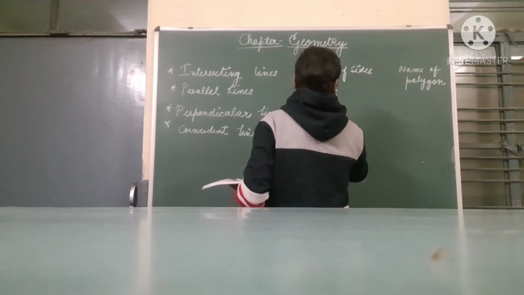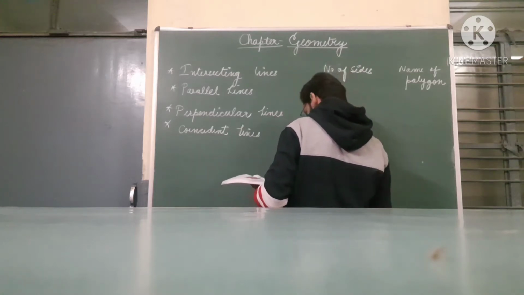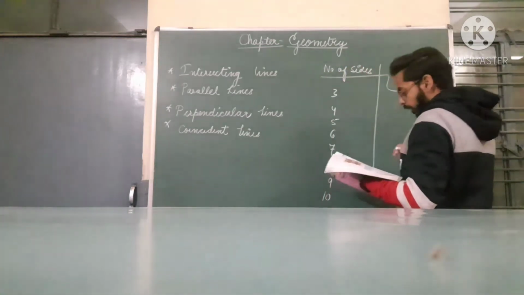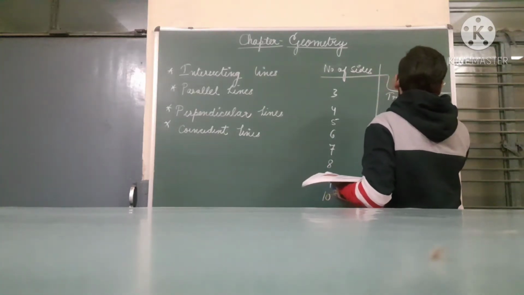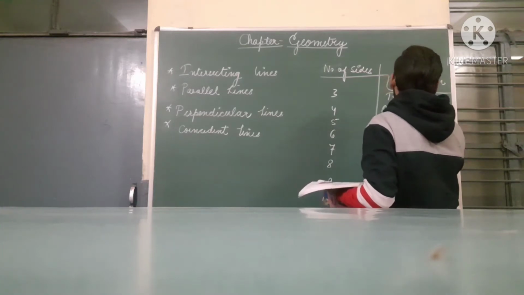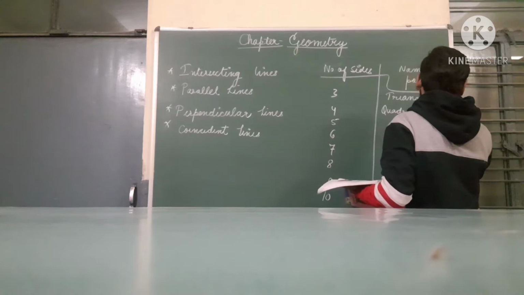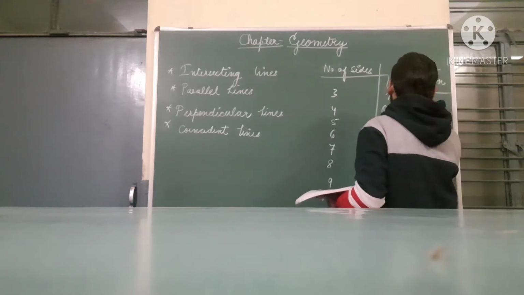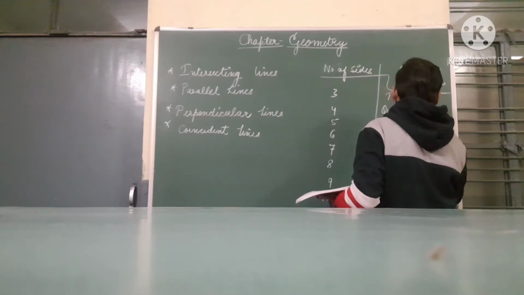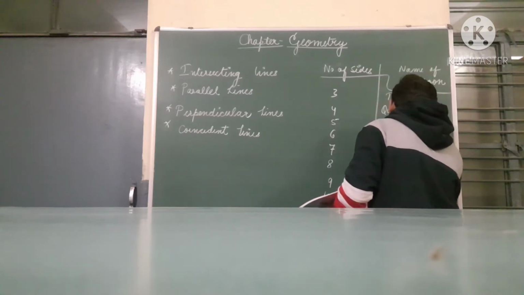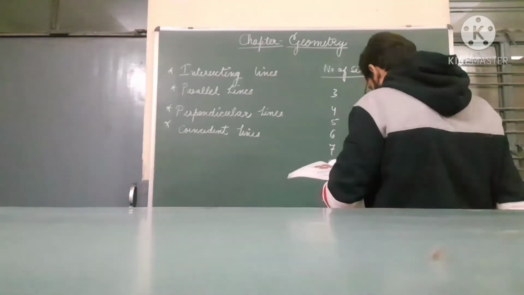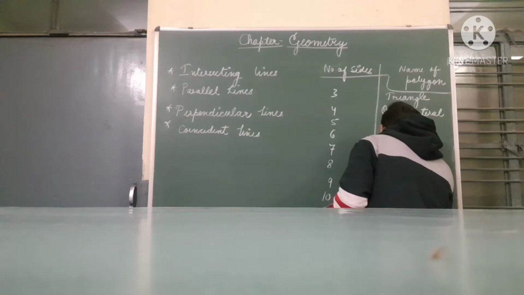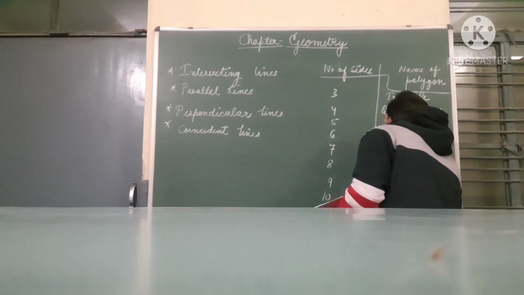If it is 3, 4, 5, 6, 7, 8, 9 and 10: number 3 will be triangle, 4 will be quadrilateral, the next one will be pentagon, then hexagon, septagon, octagon, nonagon, and the last one is decagon.